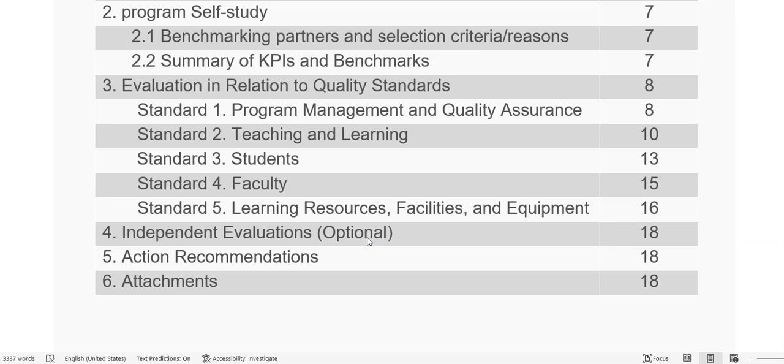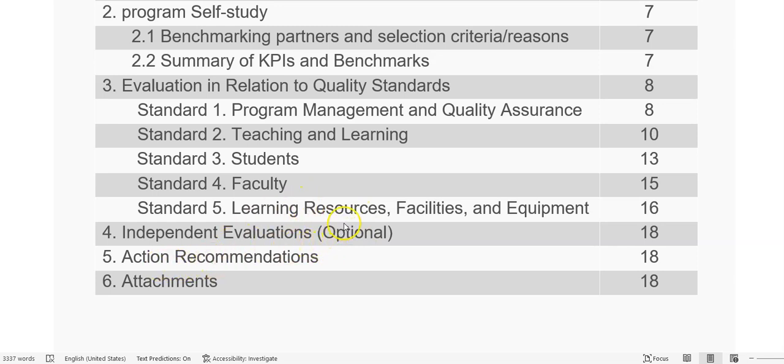So now it's optional. You can evaluate, or you can also not evaluate your SSRP. And the good news also, the self-evaluation scale is not required now. It is only the SSRP as a self-study report.